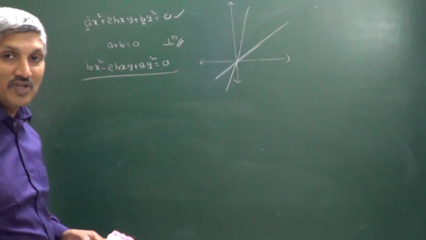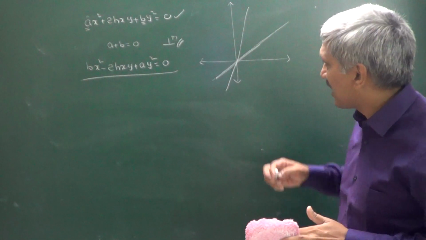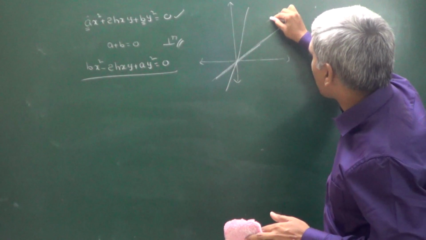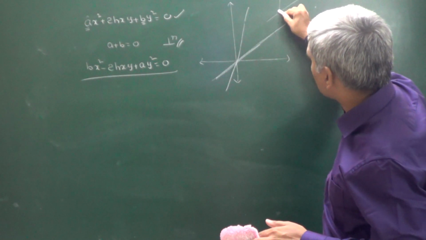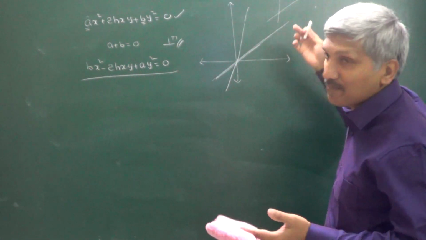At the same time, now we want to find out the combined equation of pair of straight lines passing through the point x1 y1. One line is parallel to this one, the other line is parallel to this one. That means these two lines are parallel, these two lines are parallel.